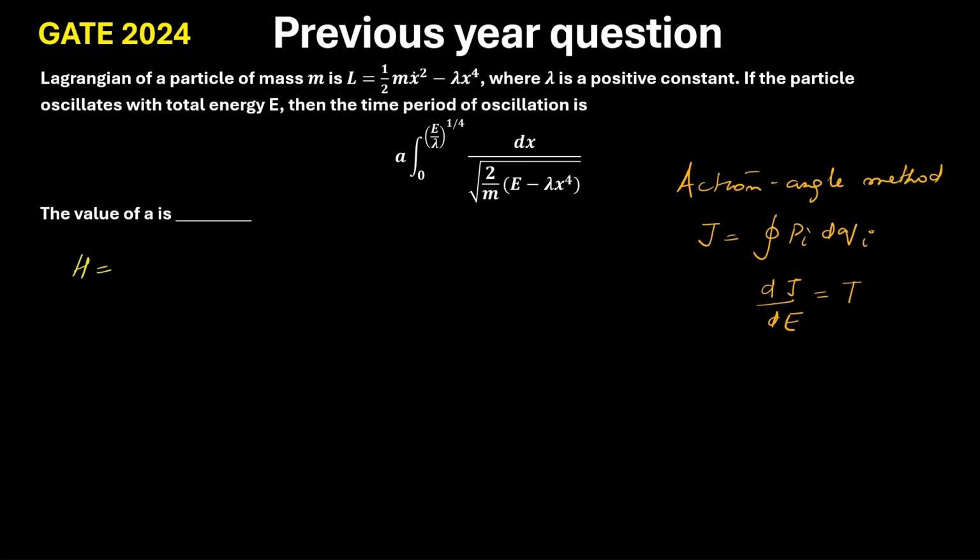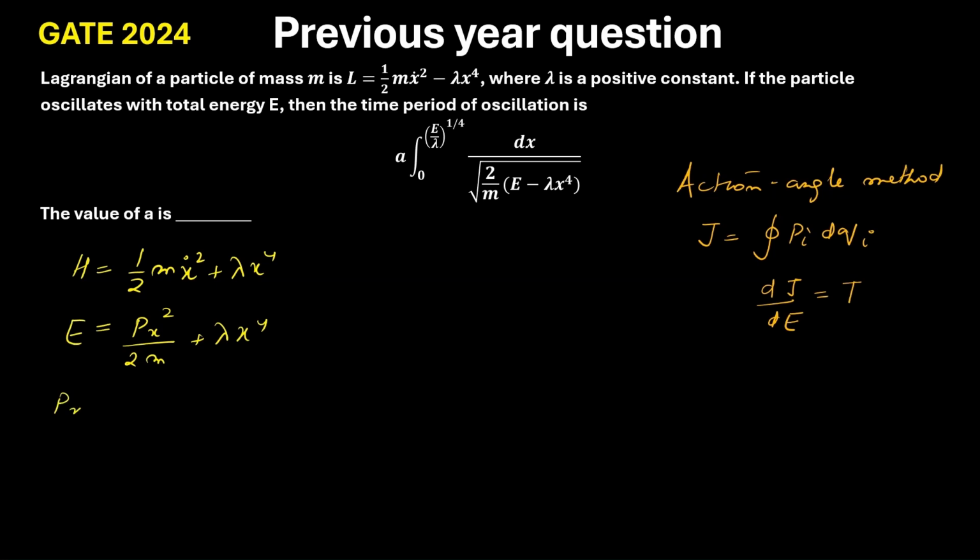Since it does not have any loss factor, I think we can directly write it like this: m x dot squared plus lambda x to the power 4. Now, I can write this as p_x squared by 2m plus lambda x to the power 4. They have given the total energy E, so this will be equal to E.